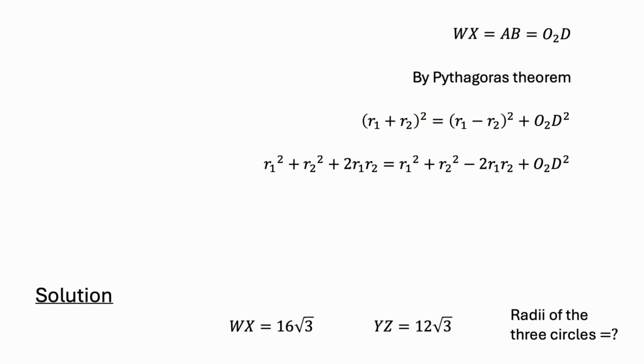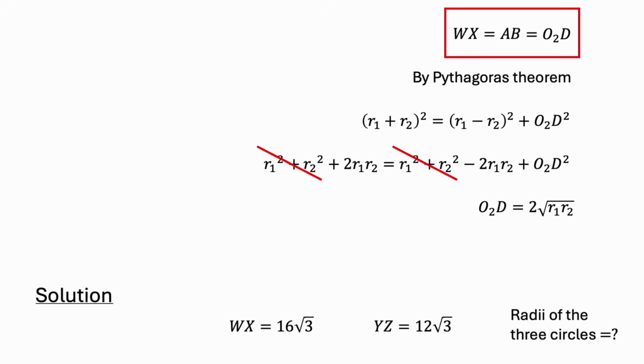After expanding the brackets, we observe that R1 squared plus R2 squared cancels out, giving us O2D squared equals 4R1R2. Taking the square root, we obtain O2D equals 2 square root R1R2. Since WX equals O2D, we have WX equals 2 square root R1R2.